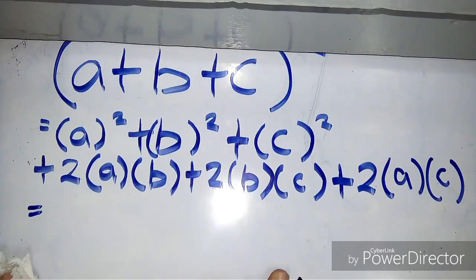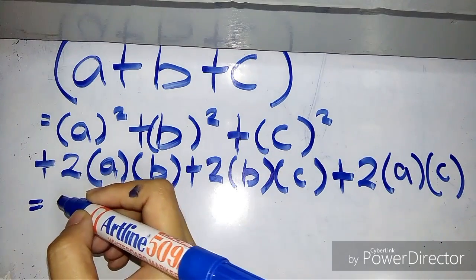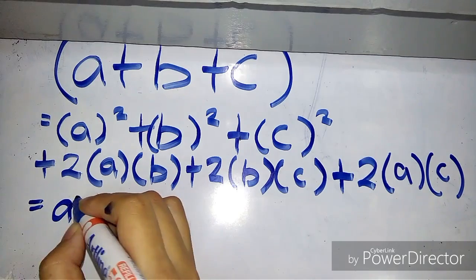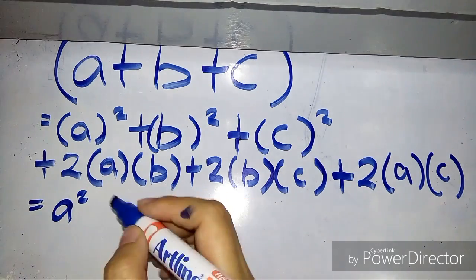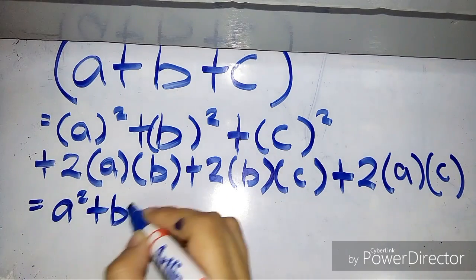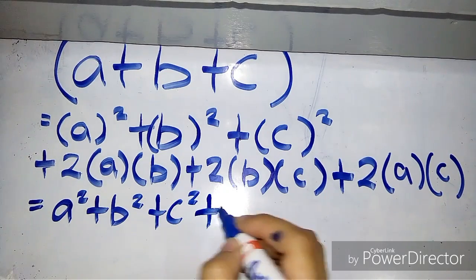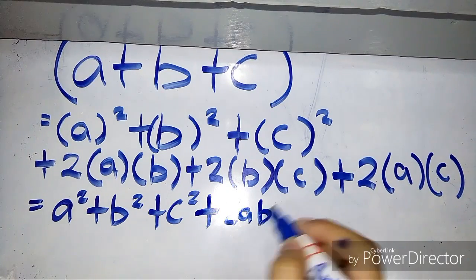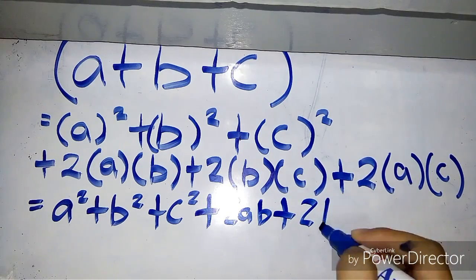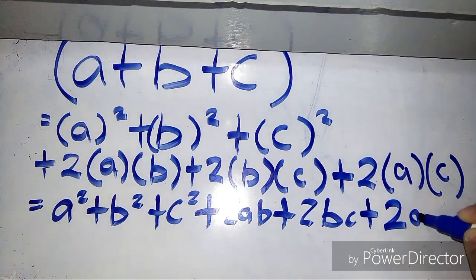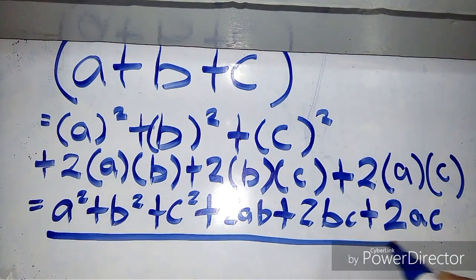So the answer would be a squared plus b squared plus c squared, then 2ab and 2bc and 2ac. And that is our final answer.